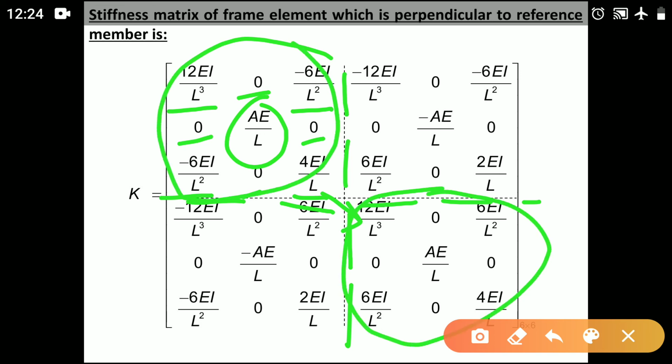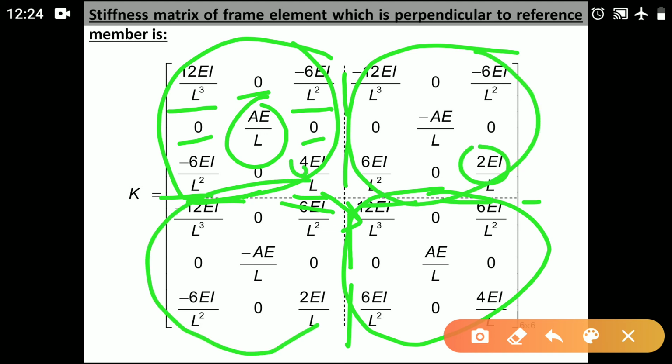Make a group of 3 by 3 elements. Same elements here. Instead of this 4, the value is 2 here. The cross terms are same.